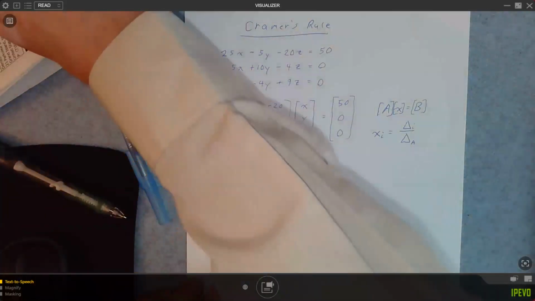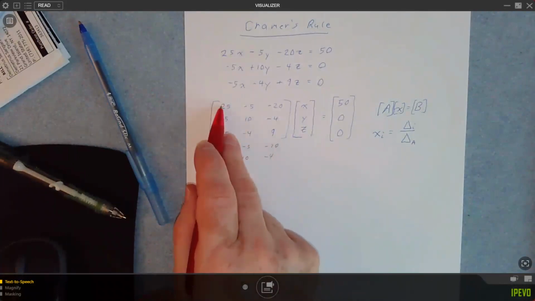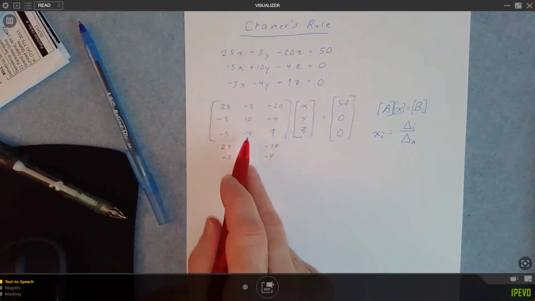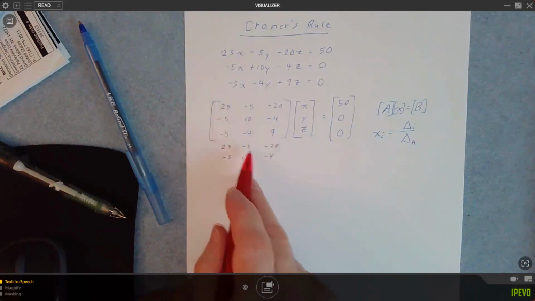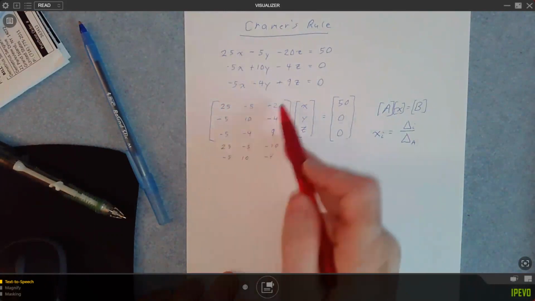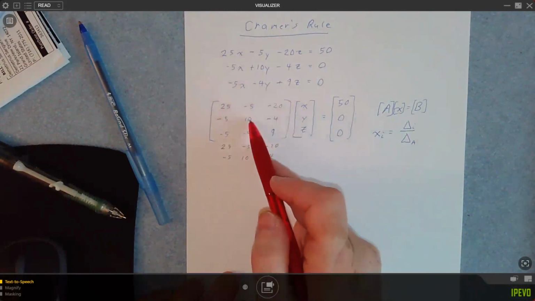The way the determinant works is you go along these diagonals. You multiply 25 times 10 times 9, and you add minus 5 times minus 4 times minus 20, plus minus 5 times minus 5 times minus 4. Then you subtract off the diagonals in the opposite direction. So minus 20 times 10 times minus 5.